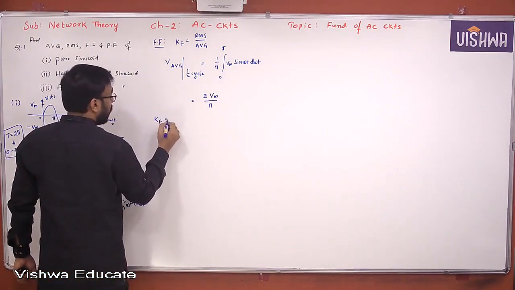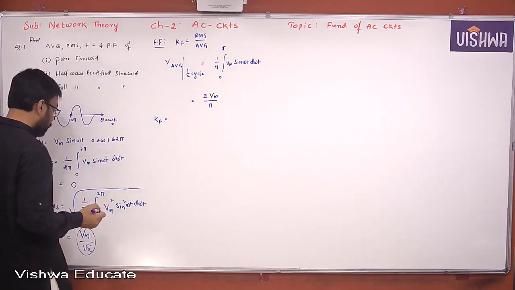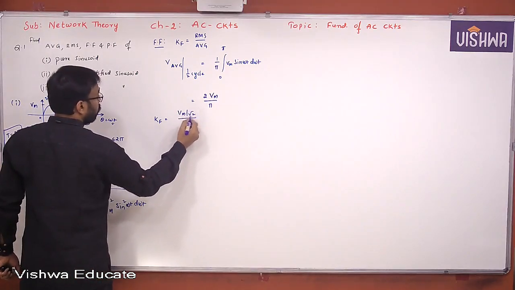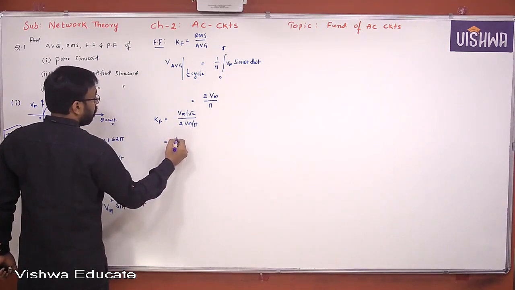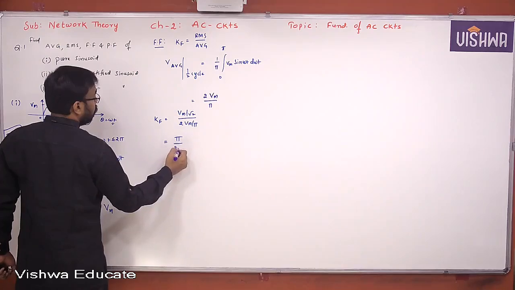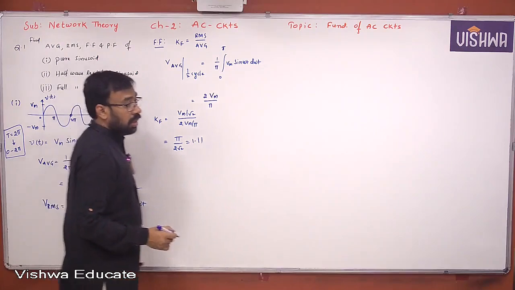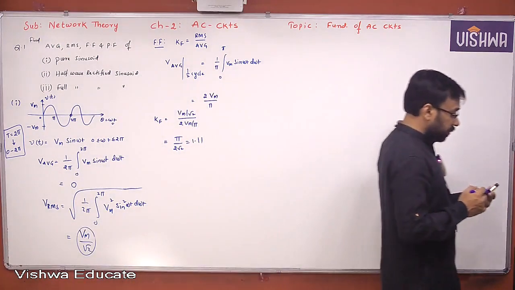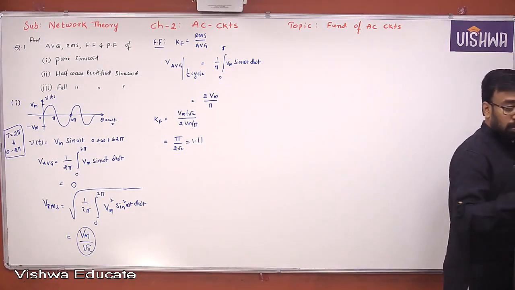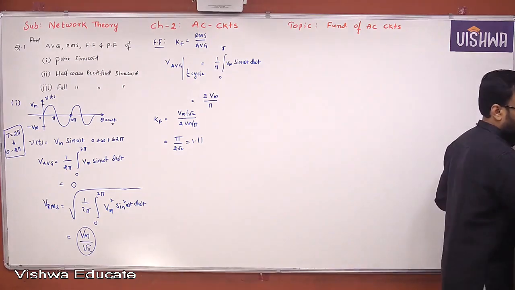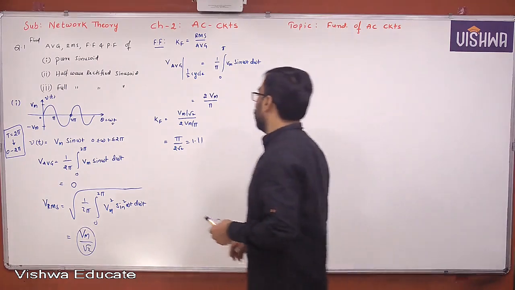Kf is nothing but V max by root 2 divided by 2 V max by pi, which is pi by 2 root 2. It is 1.11 and so on and so forth. Okay, 1.11 is the value that you get here.